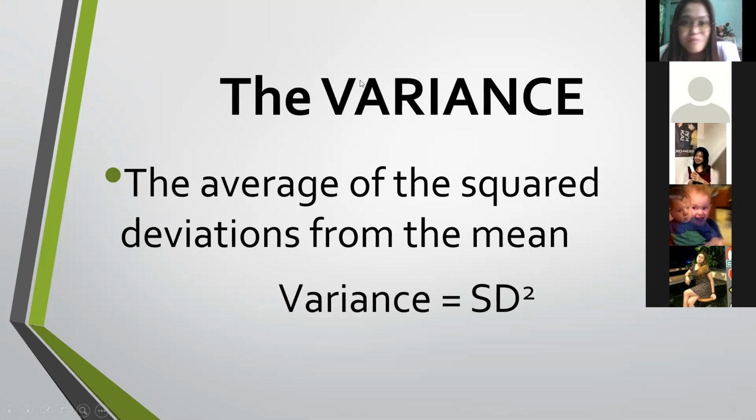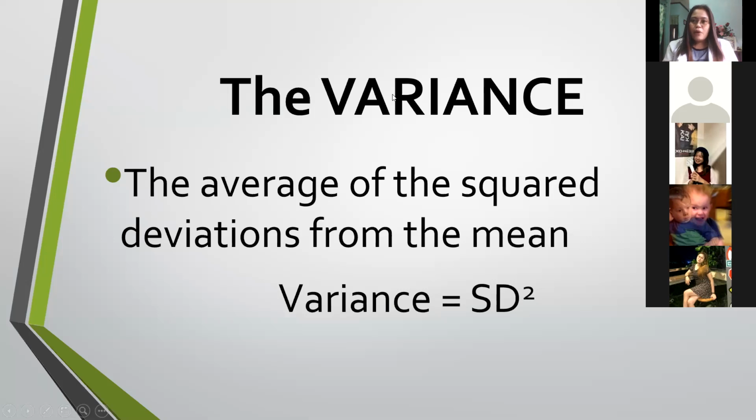So when you say the variance, this is the average of the squared deviations from the mean. This is also not a complicated calculation, kasi all you need to do is you just have to square the standard deviation. Kasi variance is equal to the square of the standard deviation.